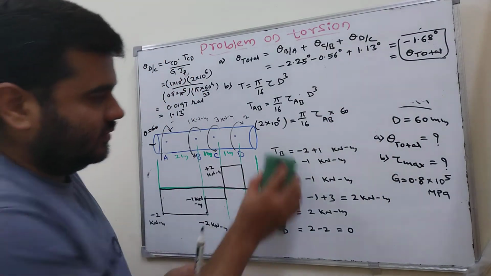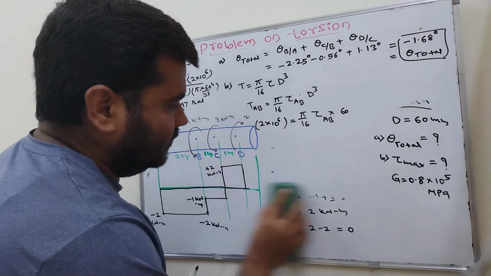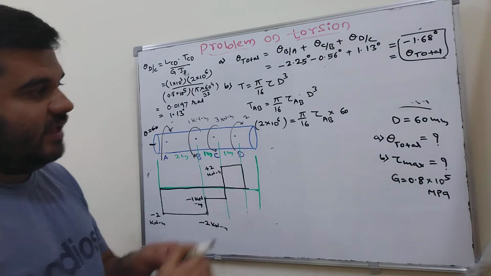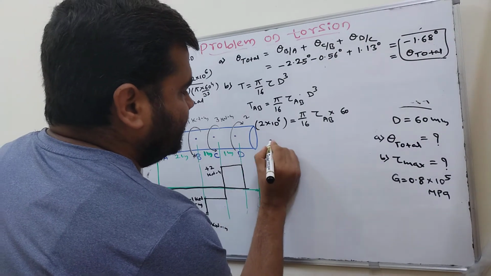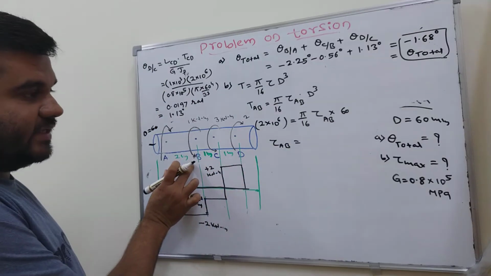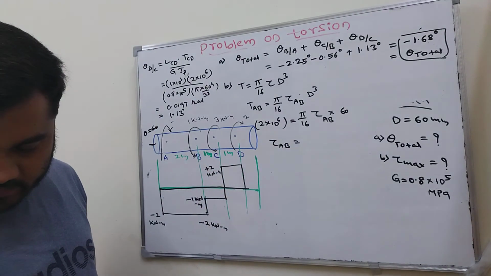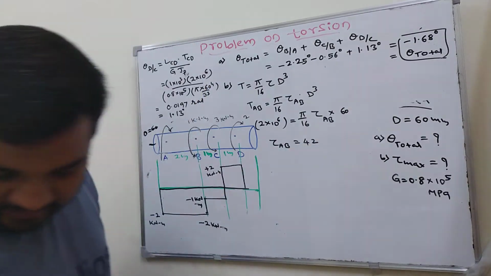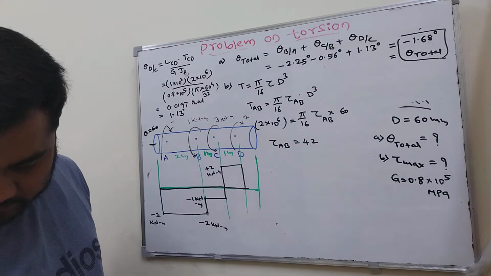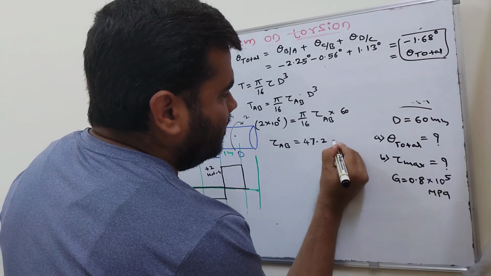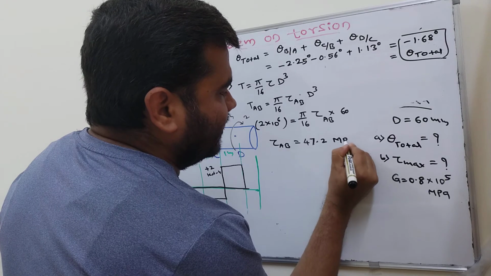Now simplify and calculate the shear stress at section AB. Therefore the shear stress at section AB equals, sorry, 47.2 MPa or Newton per mm square.